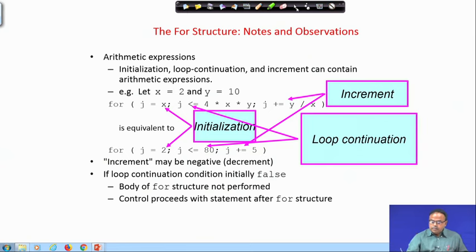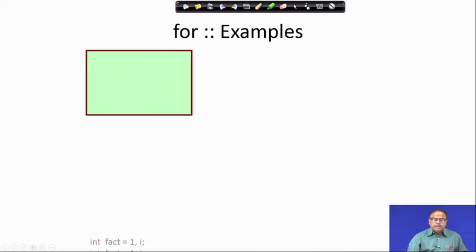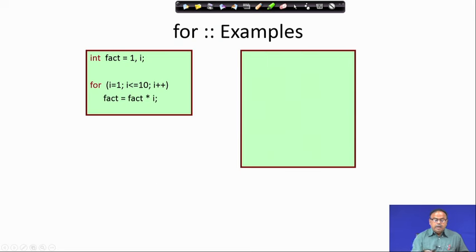Now here are some examples of for loops. This is again computing the factorial. Fact is the variable storing the factorial.